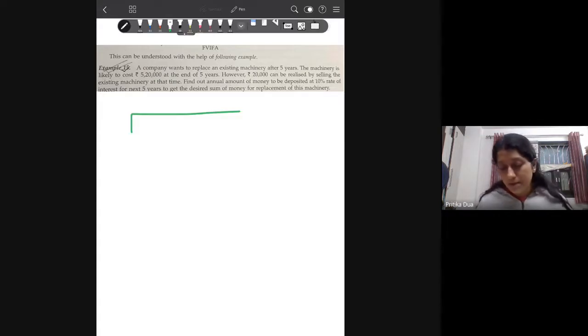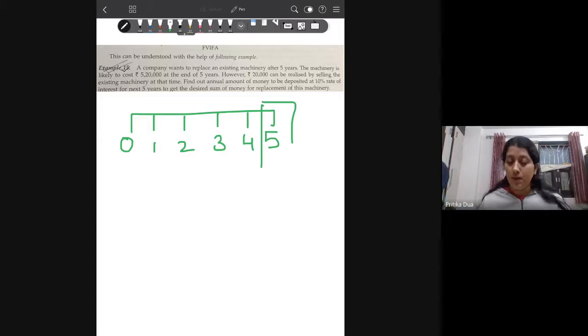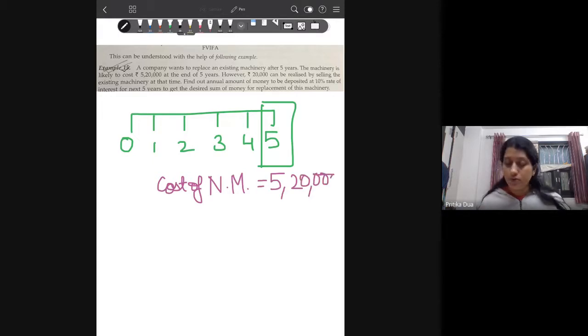Now, your company or your factory is having a machine that will be operational for 5 years. At the end of the fifth year, this machine needs to be replaced. Now, the cost of the new machine will be 5,20,000, and what we get to know is that this old machine can be sold as scrap at the end of these 5 years.